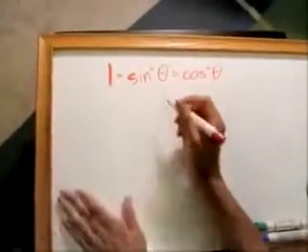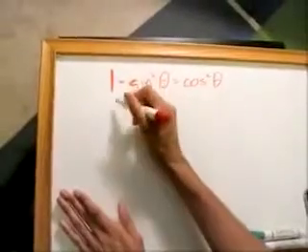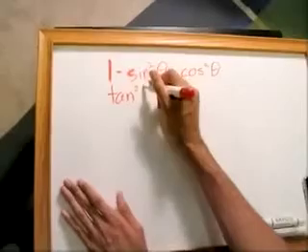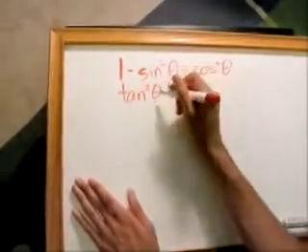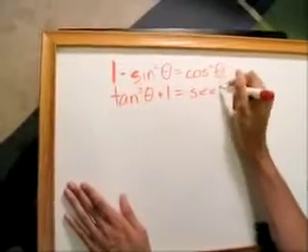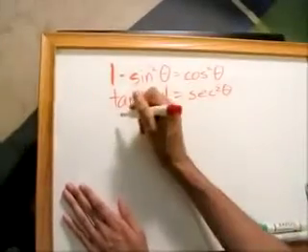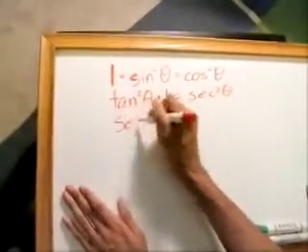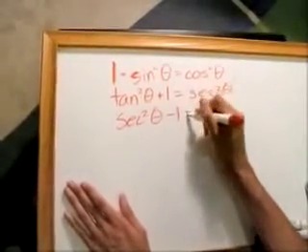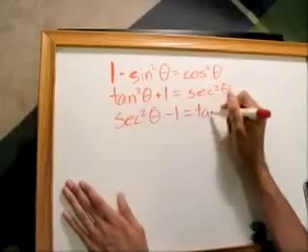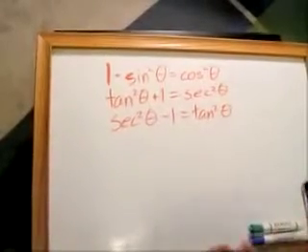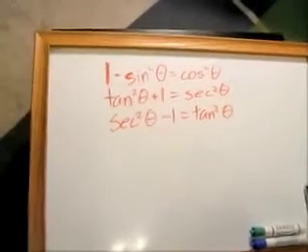Then there is tan squared theta plus 1 equals secant squared theta, and then there's secant squared theta minus 1 equals tan squared theta. So write these down now because we're going to need them later on in the problems.